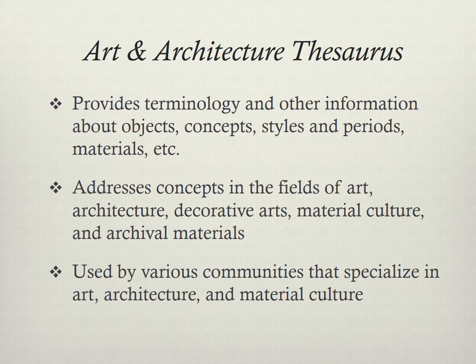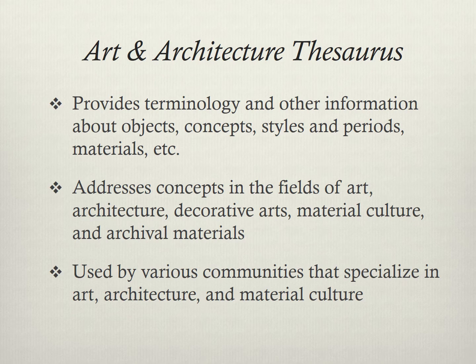Now I want to talk a little bit about the Art and Architecture Thesaurus as another example, and again, you can access it. It's free to access online, so I encourage you to go there and try it out. The AAT has a number of different vocabularies that can be searched, and you can use their terminology.